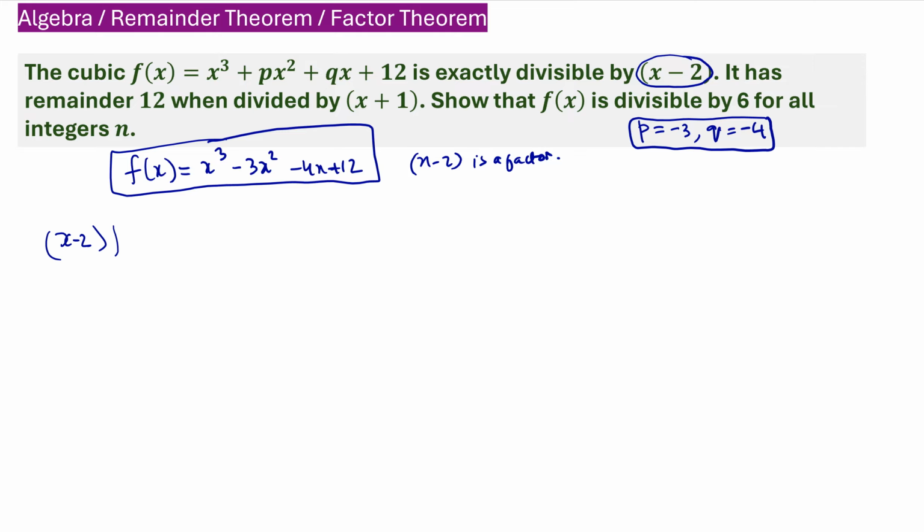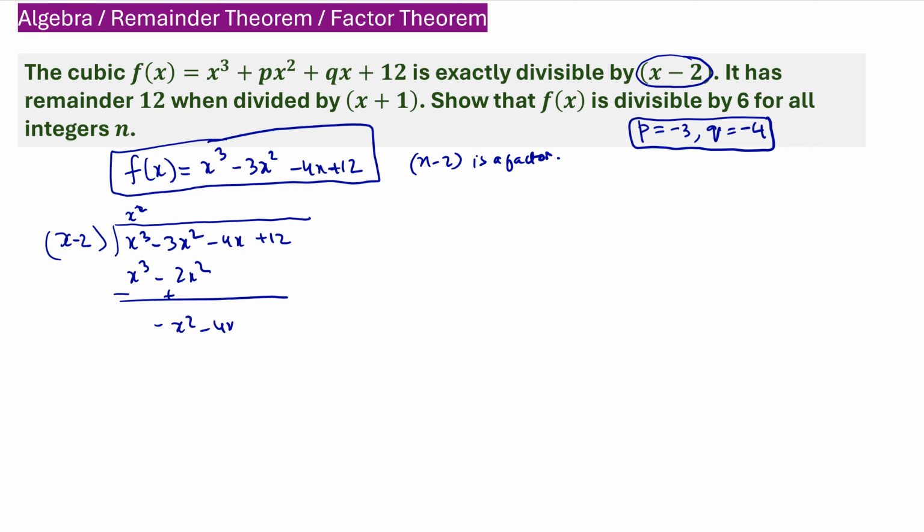So x minus 2 into x cubed minus 3x squared minus 4x plus 12. I can write here x squared, then x cubed minus 2x squared, subtract, I get minus x squared minus 4x plus 12.